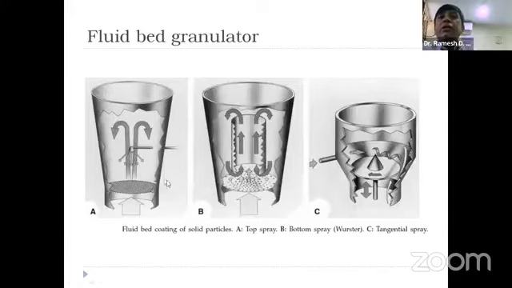As the name says, here the granules are fluidized. The powder is initially fluidized, and then the granulating agent is sprayed. During fluidization, we require dry air with normal temperature. During drying, we require dry air, but it should be hot.